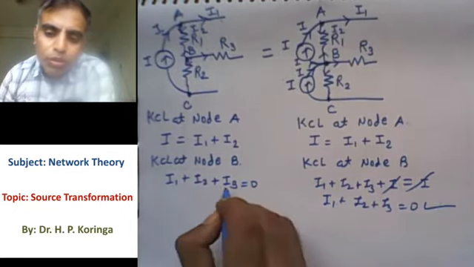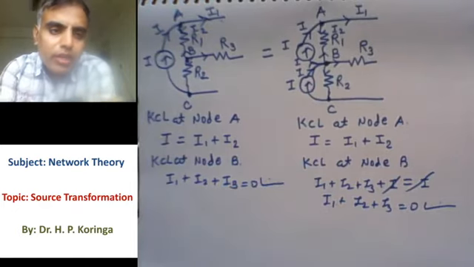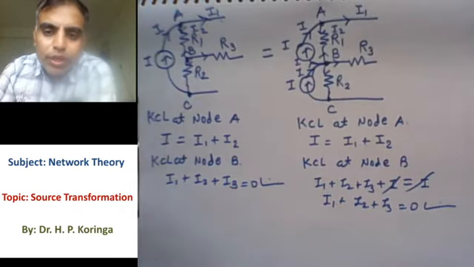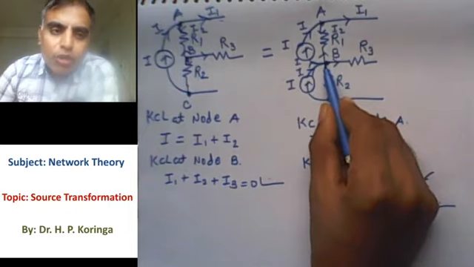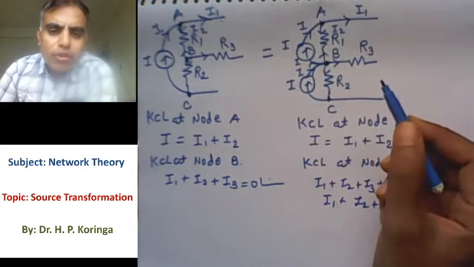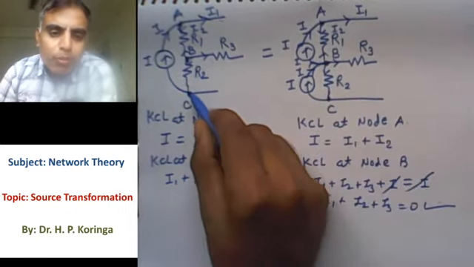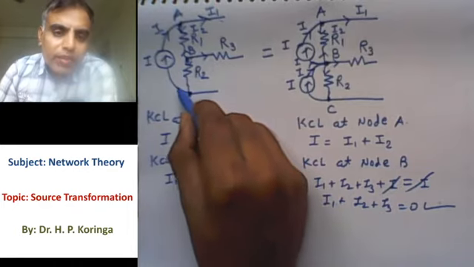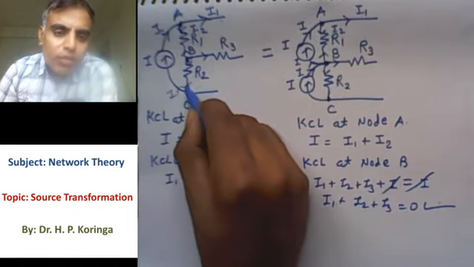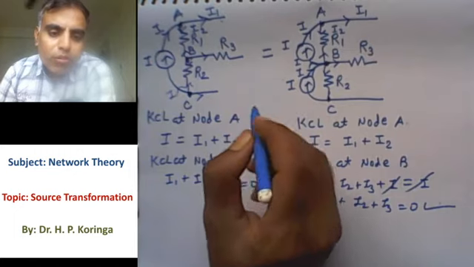So we can say both nodes are equivalent. Whatever I current is incoming at node B, the same I current is outgoing. Here we can also prove it for node C. It has an I current outgoing and two more currents, I1 and I2, outgoing.